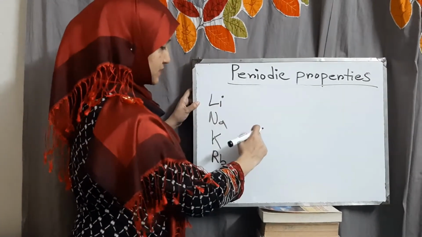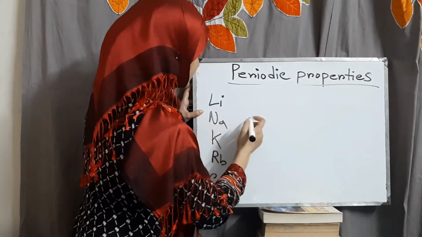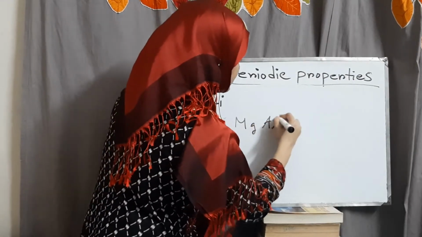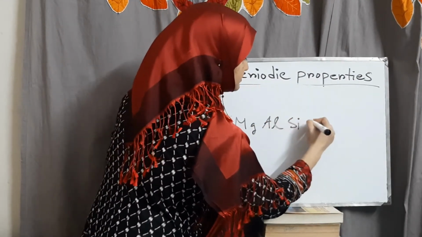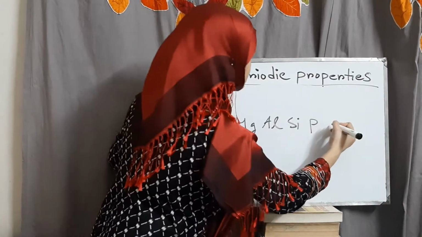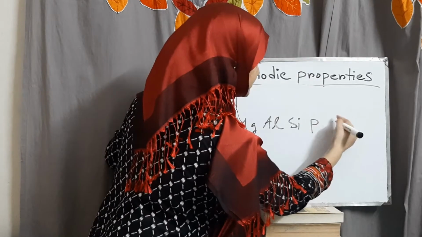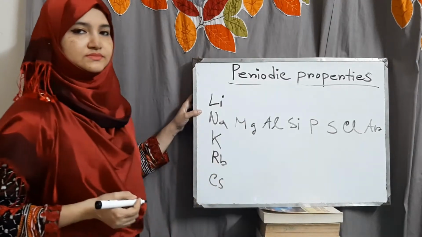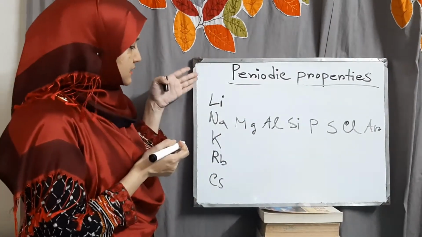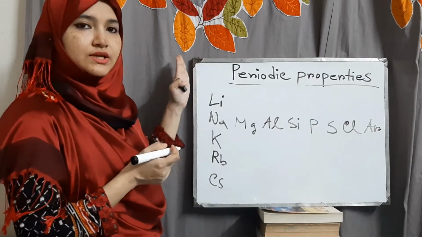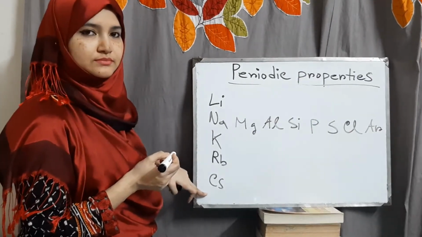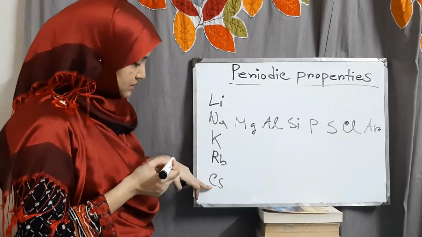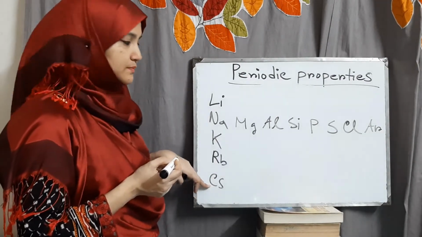And consider period 3: sodium, magnesium, then aluminium, silicon, phosphorus, then sulfur, chlorine, and argon. Then we can say the atomic radius increases from lithium to cesium. The atomic radius will be least for lithium and highest for cesium.